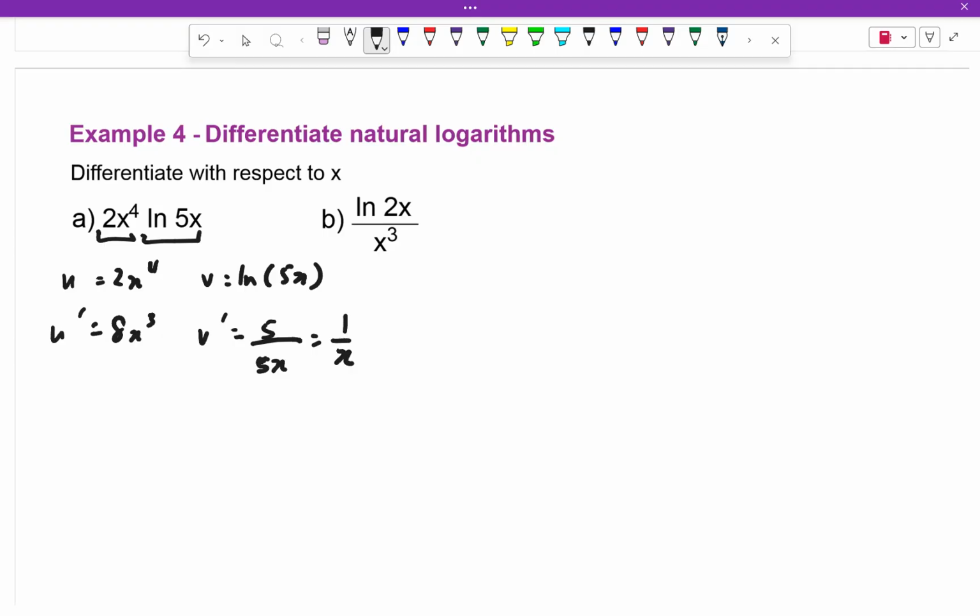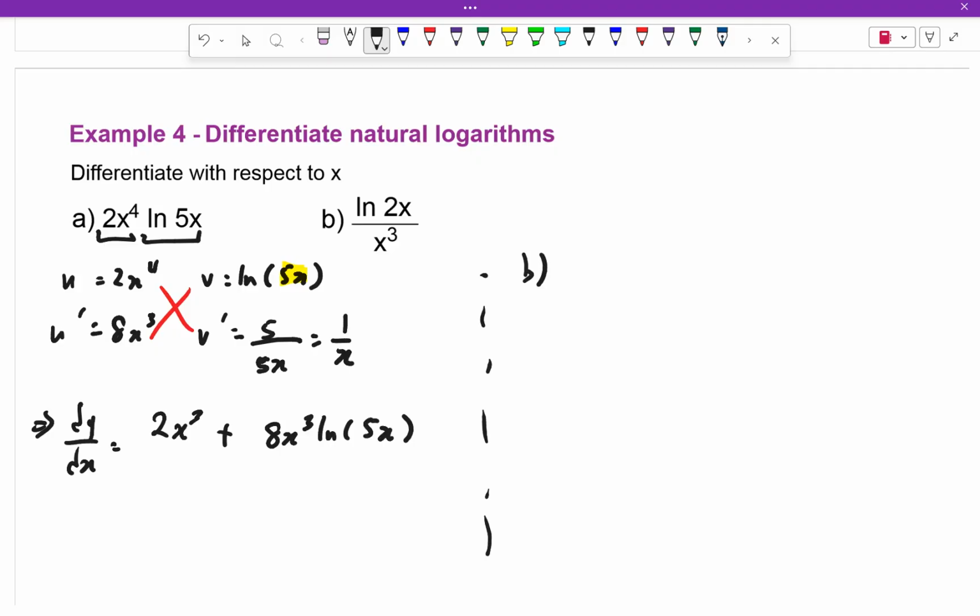So you can see from here, always remember I have to differentiate the inner part. So since it's the product rule, just cross multiply. So dy over dx equals 2x to the power of 4 times 1 over x, so x to the power of 3, plus 8x cubed ln of 5x. Done.